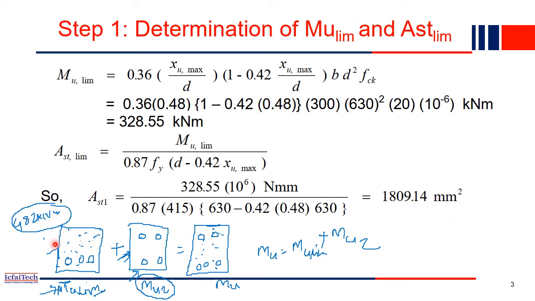So now we know all the parameters of the singly reinforced section. That is our step 1, the determination of Mu,lim, which we already computed, and Ast,lim. The limiting area of steel in tension, the maximum in a singly reinforced section, is this much. So our step 1 is over.